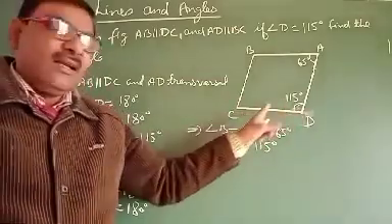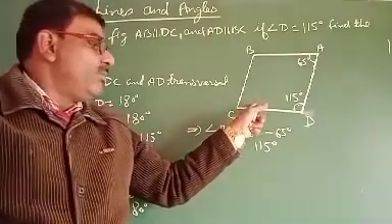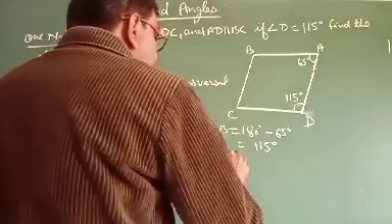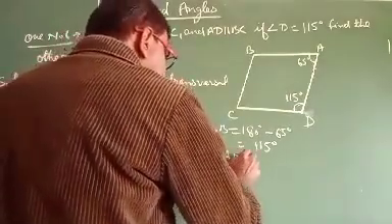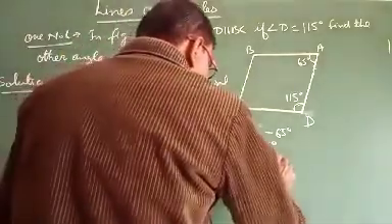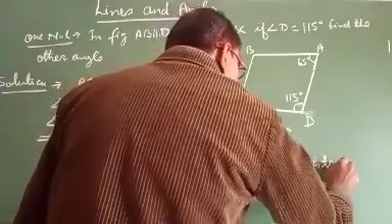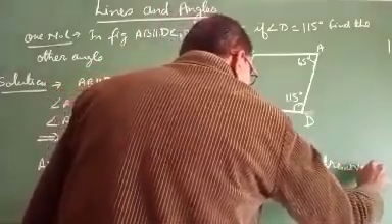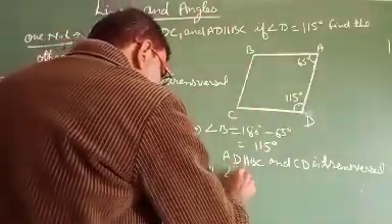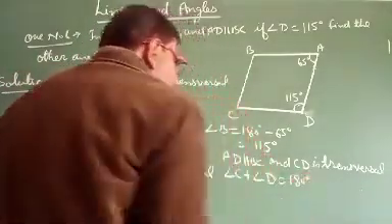Therefore, angle D and angle C are interior angles. Therefore, the sum of angle D and angle C will be 180 degrees. So, angle C plus angle D equals 180 degrees.